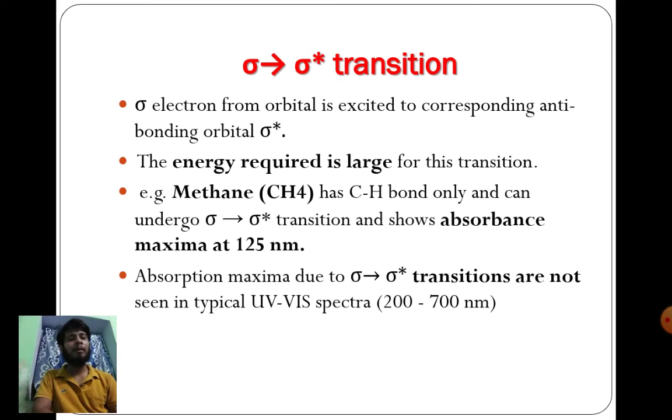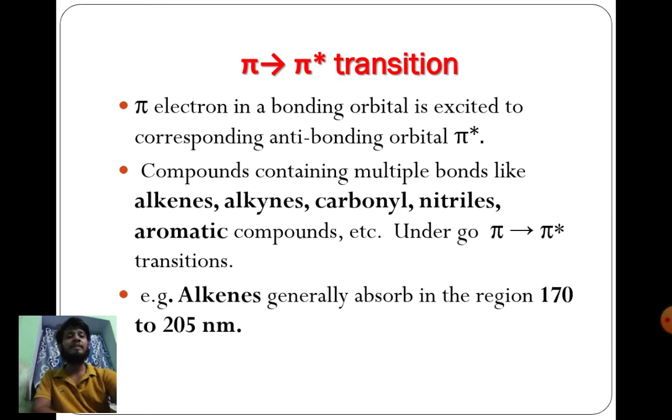An example is methane, because it has only CH bonds, it can undergo this kind of transition, and the absorption maximum, that is lambda max, is at 125 nanometer. Generally, this kind of transition is not seen in a typical UV or visible spectrum because of its high absorption maximum.